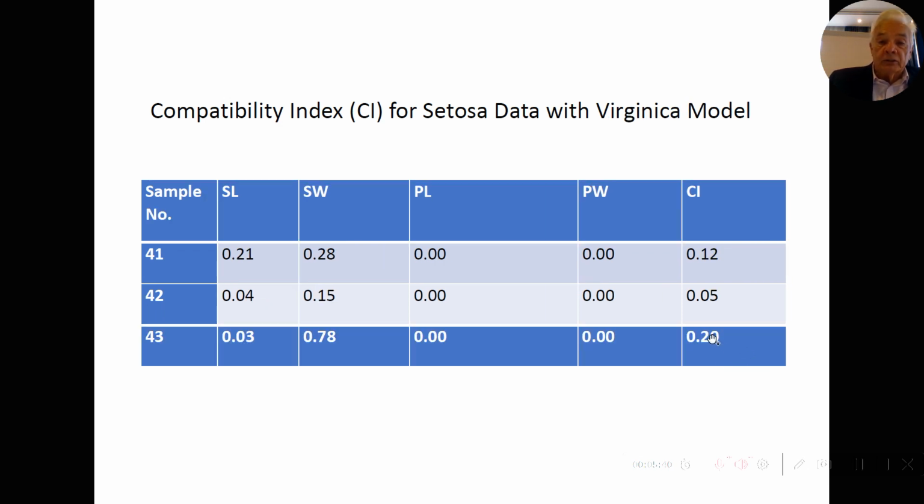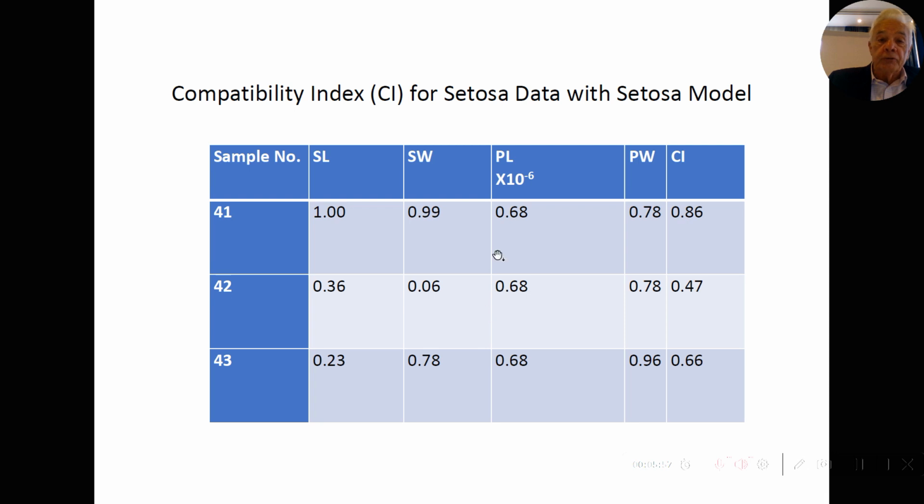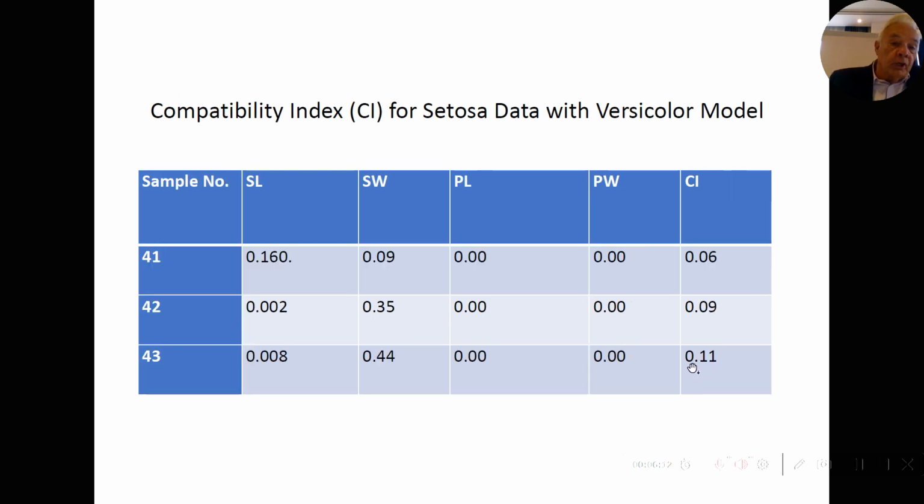And then we compare it with virginica, which gives also a very small compatibility index. And the conclusion is that it has to be setosa, which gives a very big compatibility index in the calculation. So we can identify the setosa in this case, in the example. The same can be done with others.